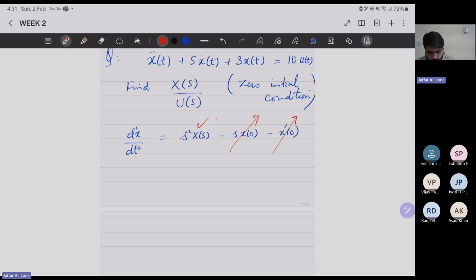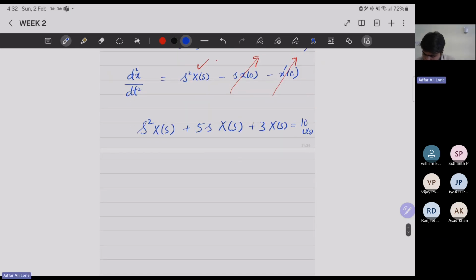So using this, we can easily write the above equation as s square X(s) plus 5s X(s) plus 3X(s) is equal to N U(s).